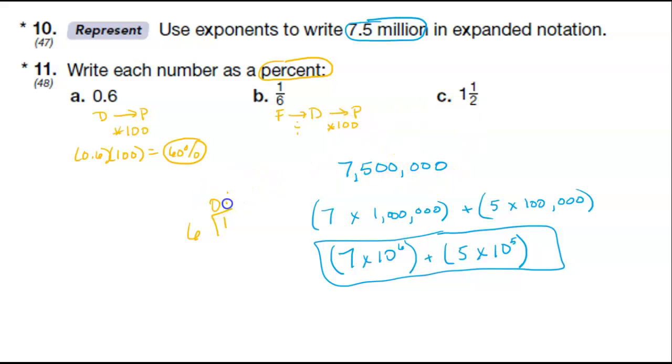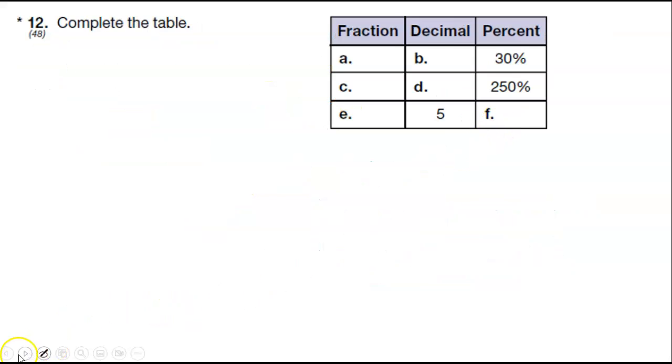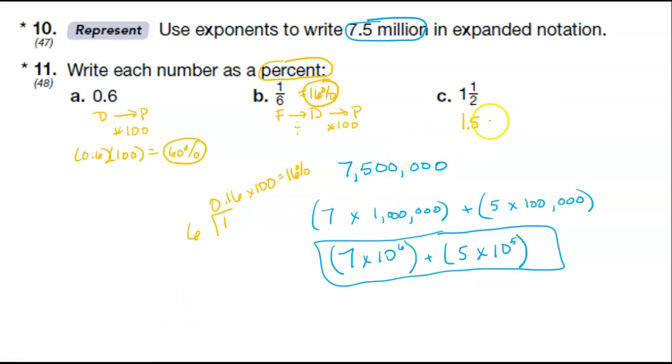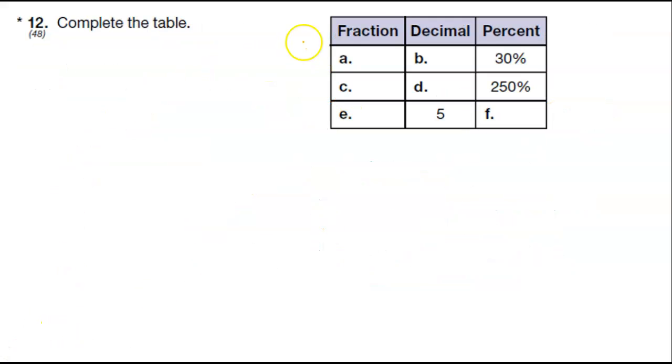So this is 0.16, and then I multiply that by 100 to get 16%. Here I have 1.5. I know that as a decimal, that's 1.5. So I'm going to multiply by 100 to get my percent, and I get 150%.